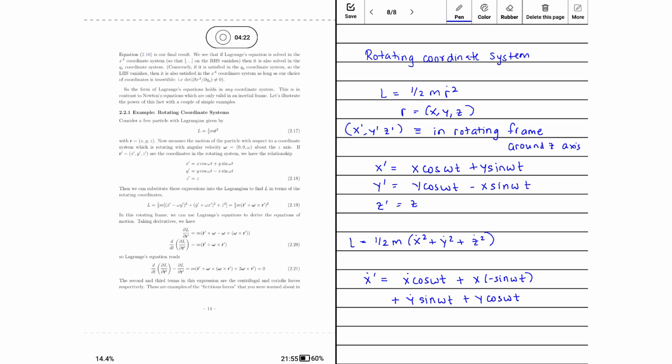Is this expression correct? It doesn't seem like it.